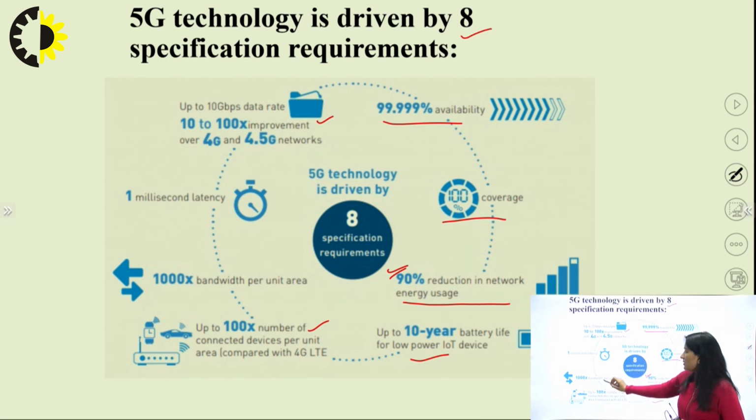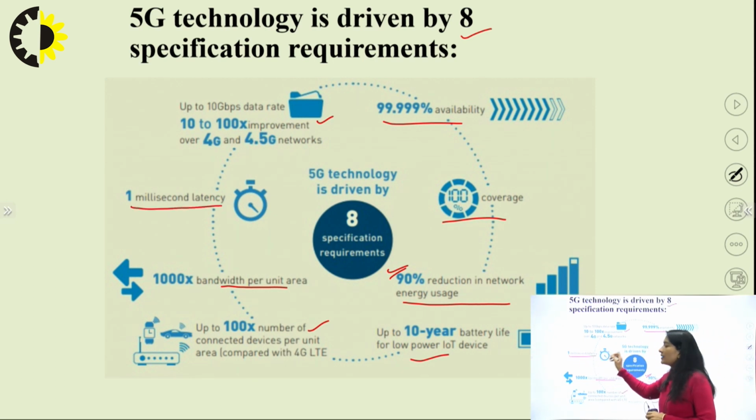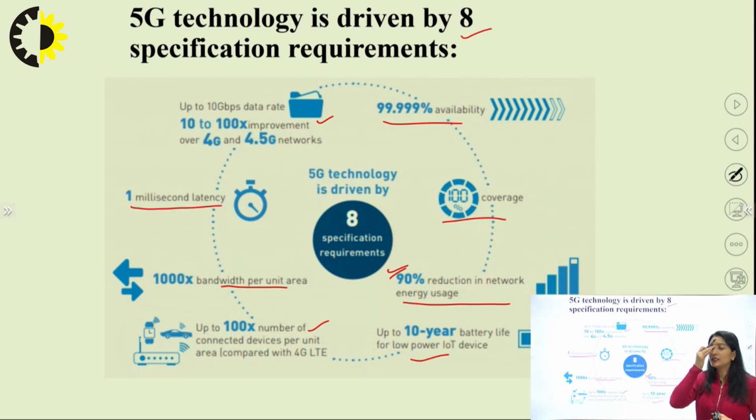Then 1000 times bandwidth per unit area. This is another requirement of the 5th generation network. 1 millisecond of latency. Earlier the latency was 10 milliseconds in the 4th generation, but in the 5th generation wireless network we are expected to get a latency of 1 millisecond. Latency means the time delay.